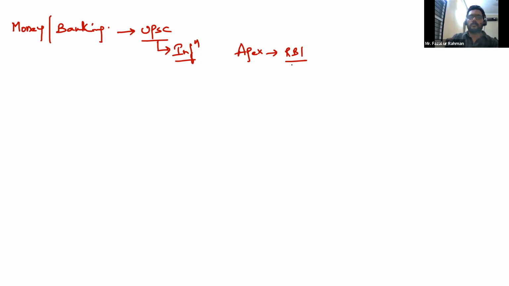It works on the principles of two acts: one is the RBI Act 1934 and the Banking Regulation Act 1949. If we want to understand more about RBI, remember RBI was itself a private bank. Earlier it was never considered a government bank. Now it is a government bank, but earlier it was a private bank.